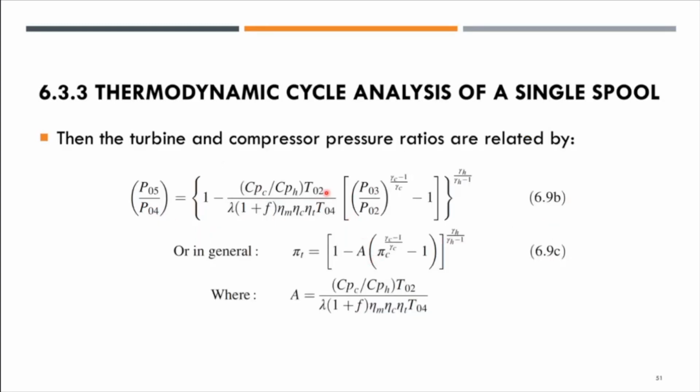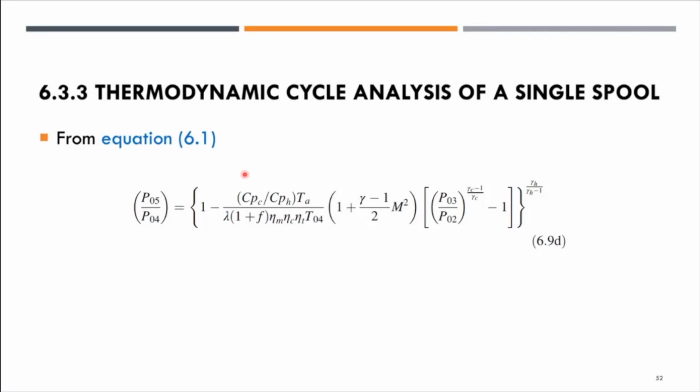Then the turbine and compressor pressure ratios are related by this expression, or in general in terms of pi t. So it is already generalized in equation 6.9. From equation 6.1, you can then get equation 6.9d, the ratio of P05 over P04.